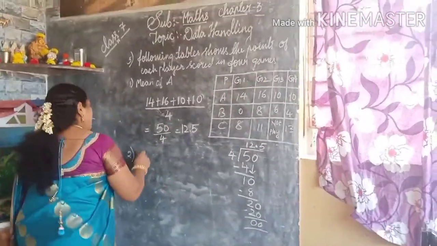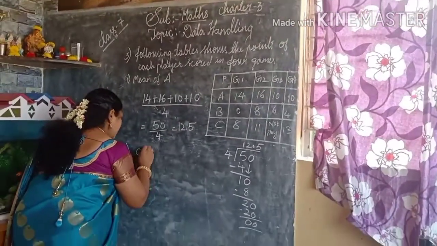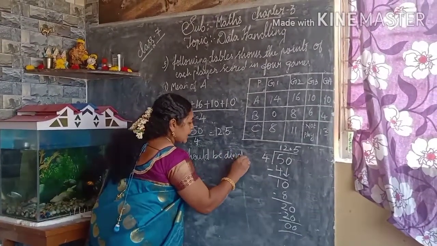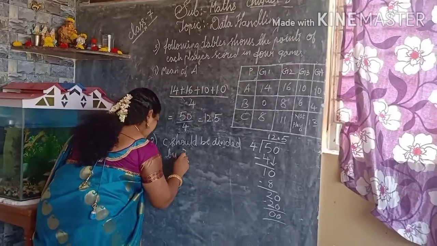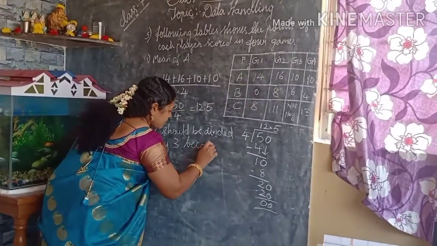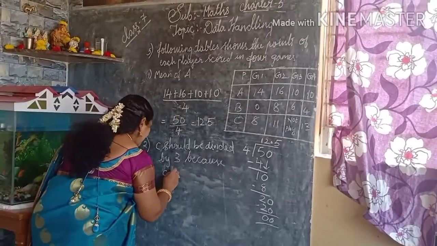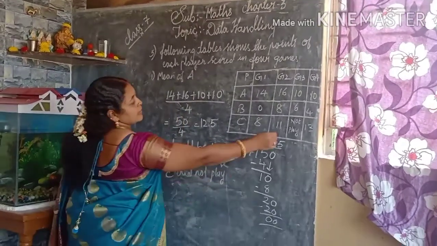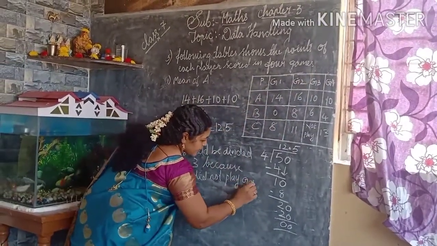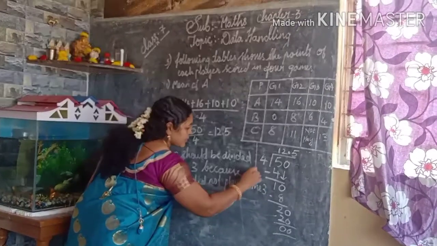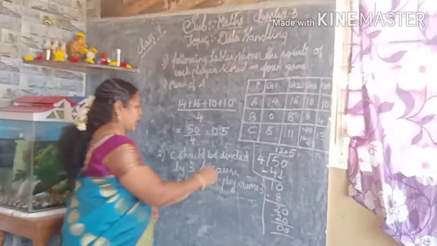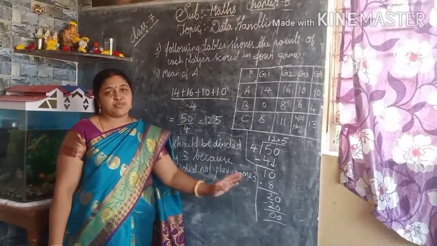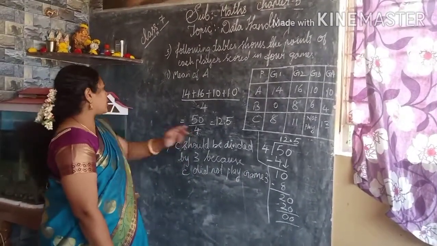Here our answer will be, C should be divided by 3 because C did not play game 3. So C should be divided by 3 because C did not play game 3. Is it clear, children? We will go to the next sum.